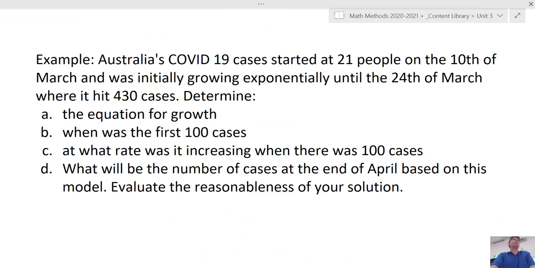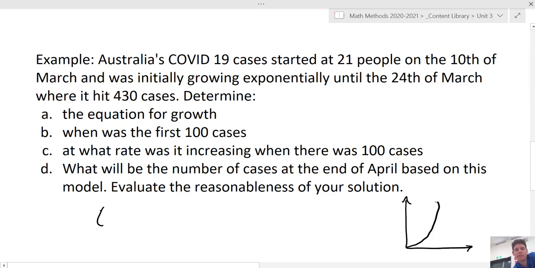COVID-19 cases started at 21 people on the 10th of March, and it was growing exponentially until the 24th of March, where it hit 430 cases. We want to determine the equation. So the 2 points is, let's say we have a Cartesian plane and it looks like this.